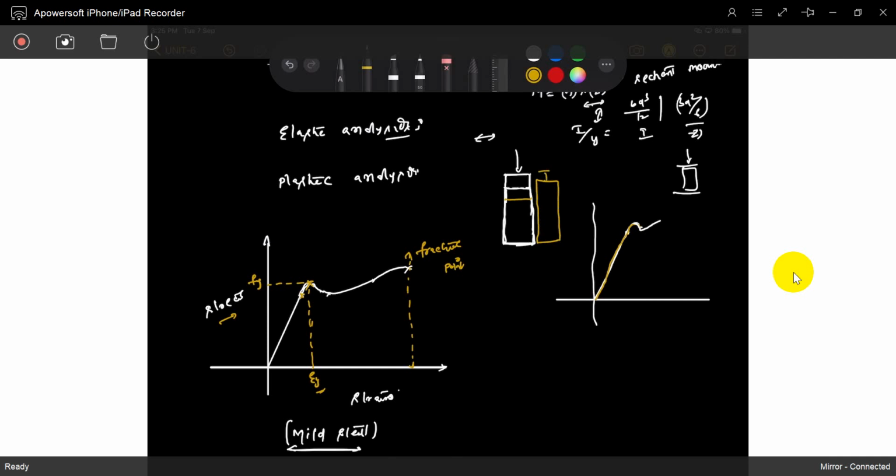It has a permanent displacement. Molecular displacement is happening. If you release it, it will follow a path like this and reach here. So it is a permanent displacement.